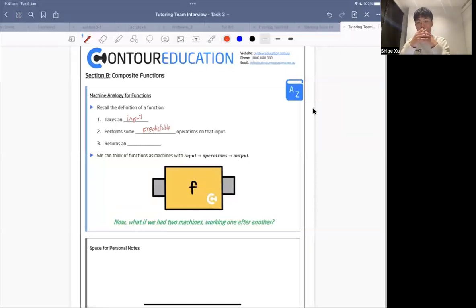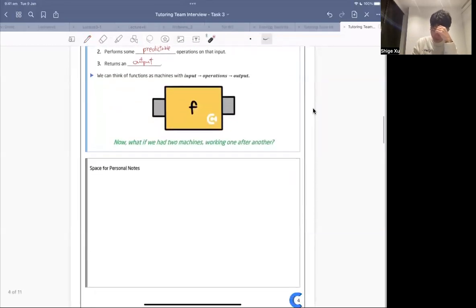Predictable because the function is probably in your closed form equation, right? So it's predictable, and it returns an output. So you can sort of think of functions as machines with inputs, operations, and output. Okay, you give me something, I'll do something on it, give you something back, right?